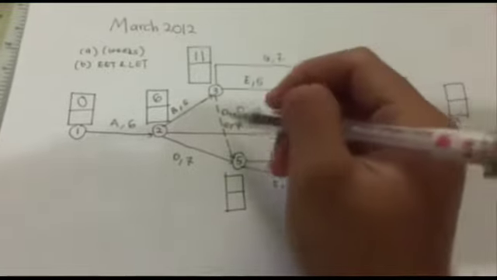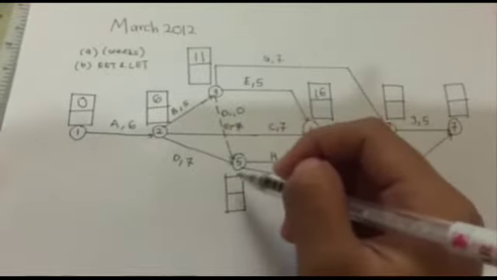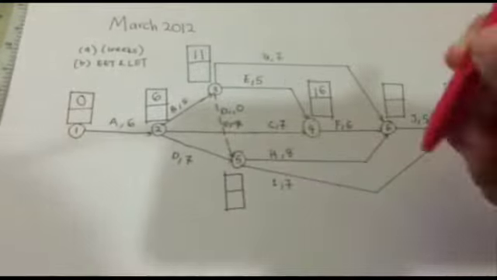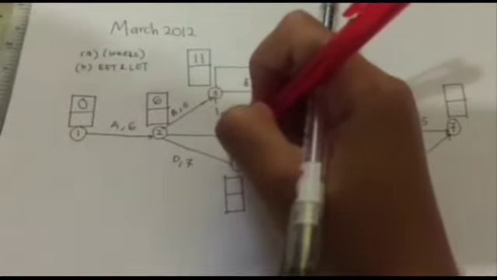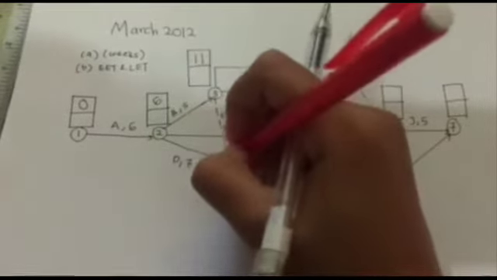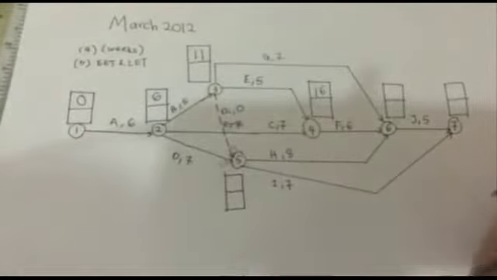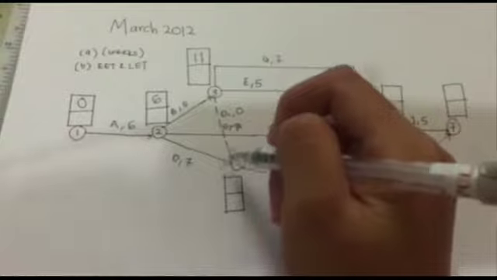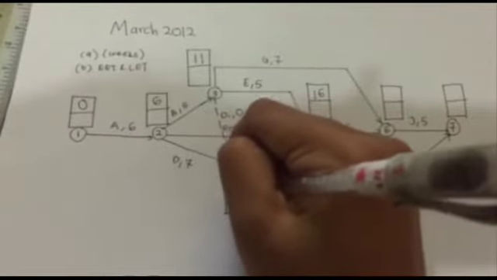All the dummies have value 0. So what you have to do is add one by one. 11 plus 0, I will use red pen, so you will get 11. 6 plus 7, you will get 13. For EET, you have to choose the highest. So between 11 and 13, you choose 13 because it is the highest. So put down 13 here.